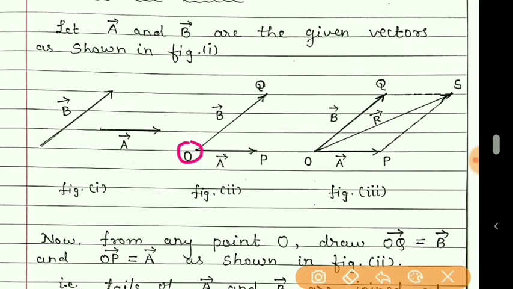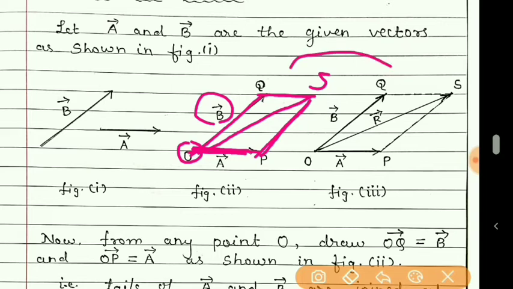So now let us consider these two as the adjacent sides of a parallelogram. If we draw a line parallel to vector A at point Q, and parallel to vector B at point P, then we get a parallelogram, and joining the point O with the new point S, we get a diagonal.